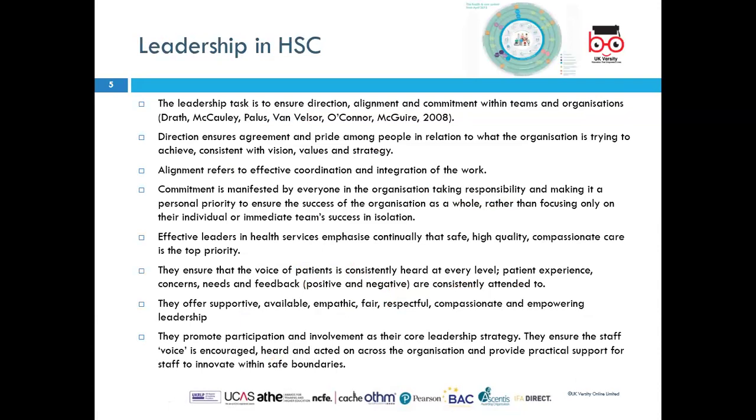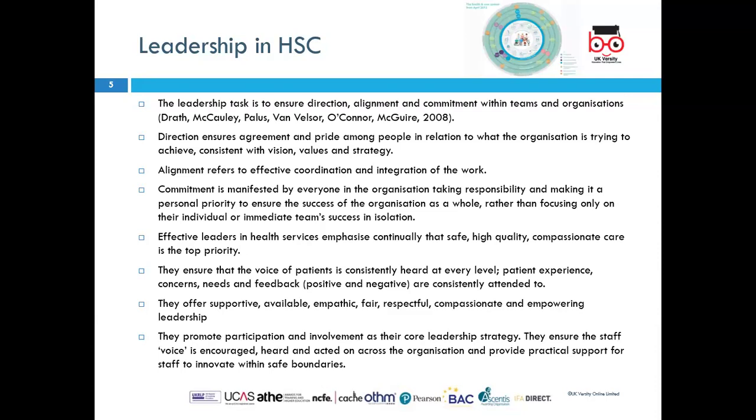So the leadership task is to ensure that there is direction, alignment, and commitment within the teams and organizations. If there's no commitment, there's no alignment. So there should be streamlining of different responsibilities and tasks. If there's any limitation in any one of these, that team does not progress.